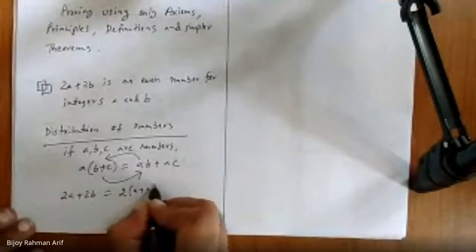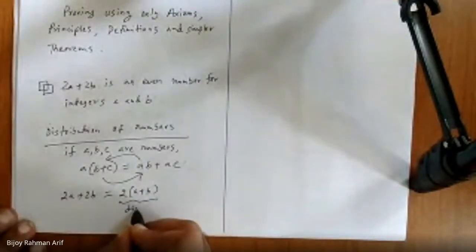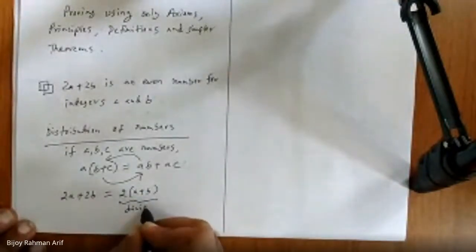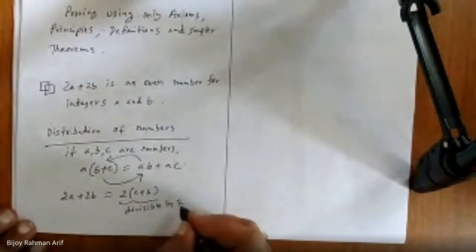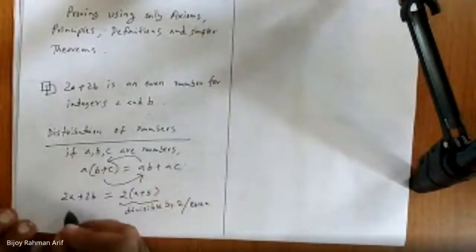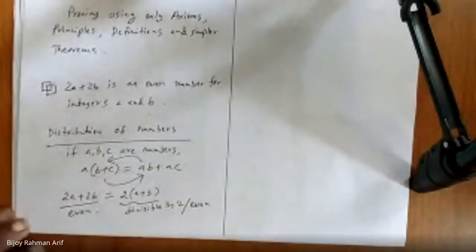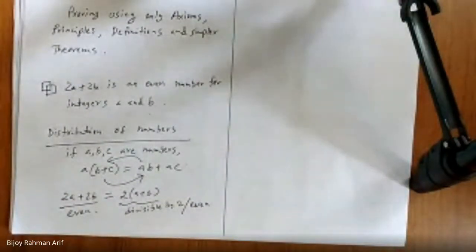Tell me. 2 common, A plus B, and it is divisible by 2. Do you agree with me or not? That means it is even. Done. Did you get it?